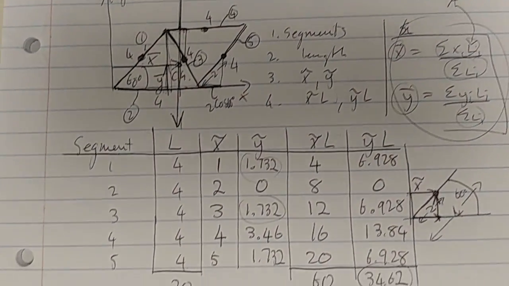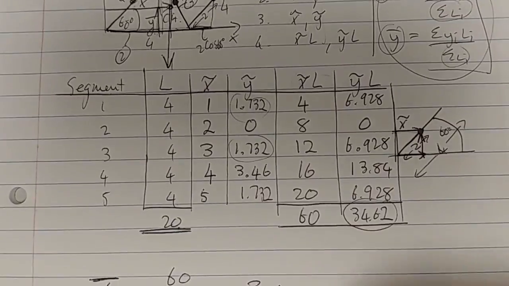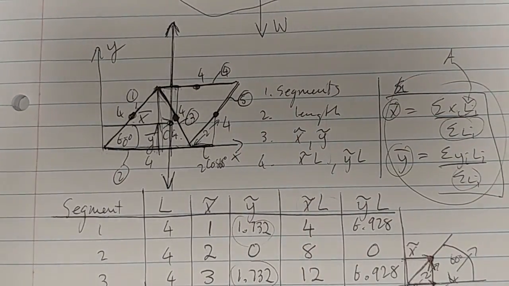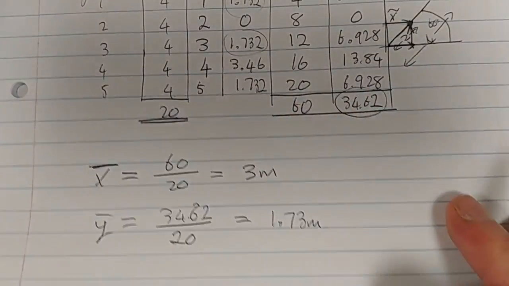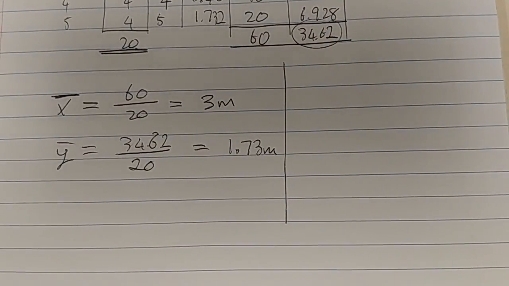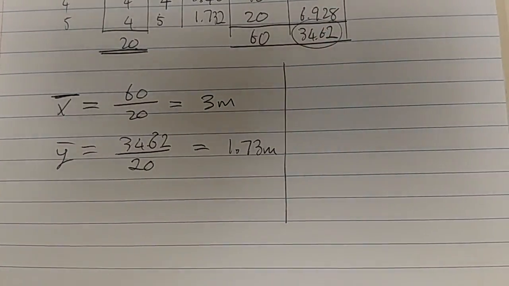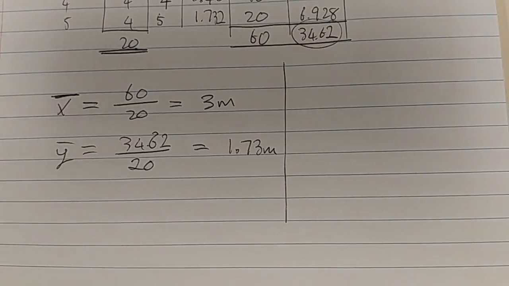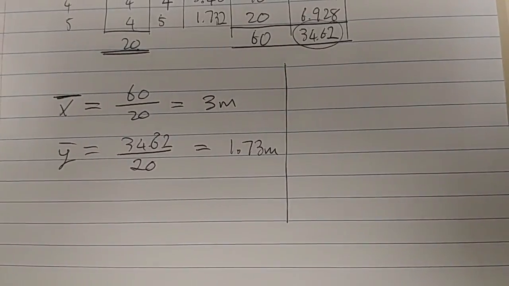And the y bar is 1.73. But the question is not over. It says if the mass of the gusset plates can be neglected, the truss is made from 5 members. Let me just have a look quickly. Hold on 1 second.